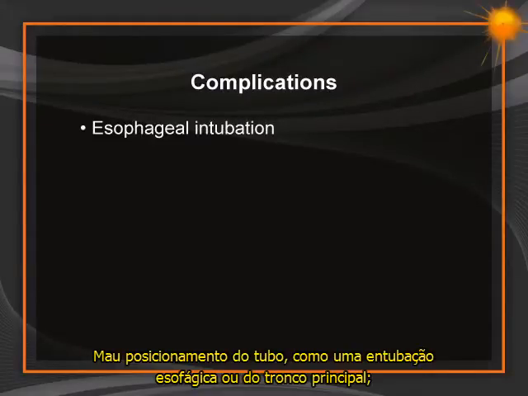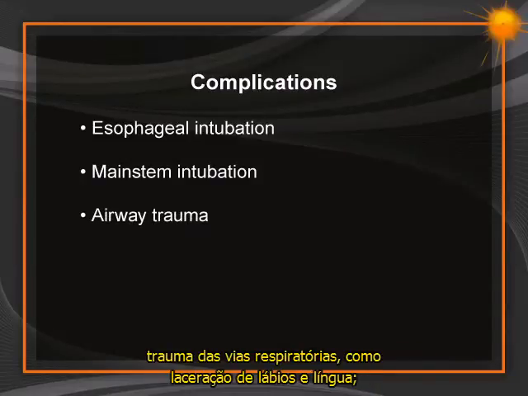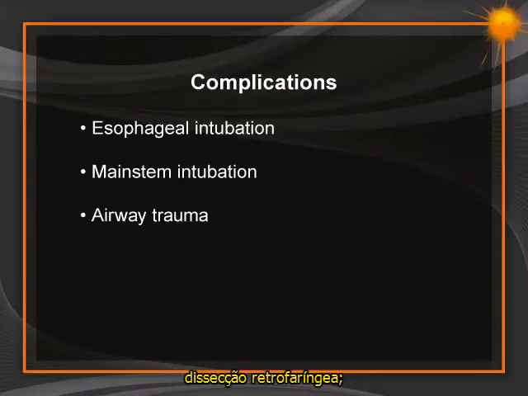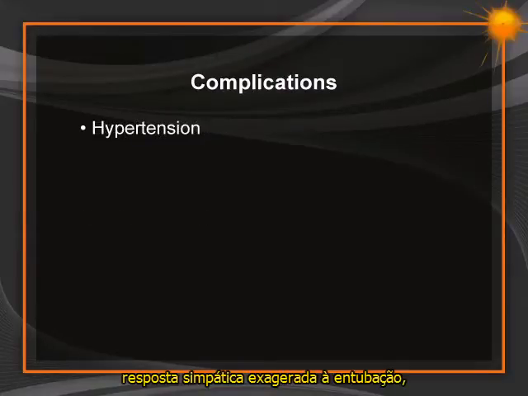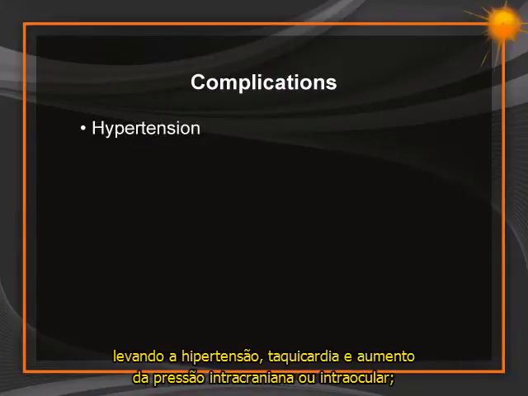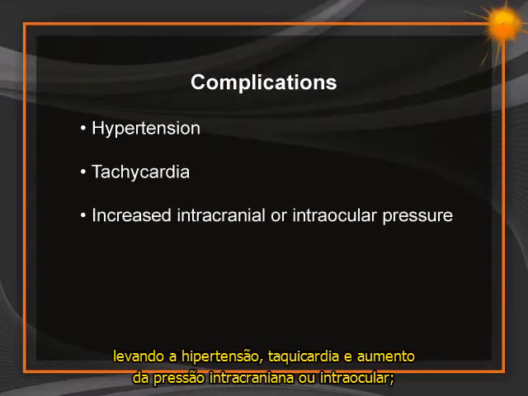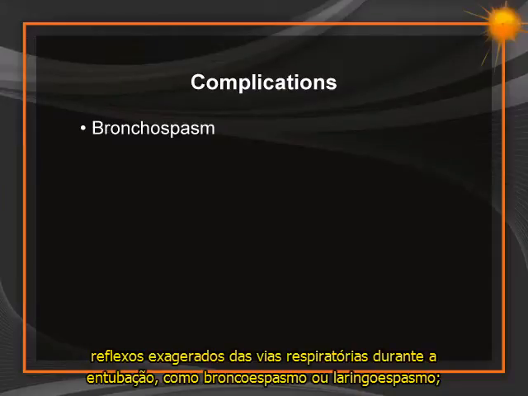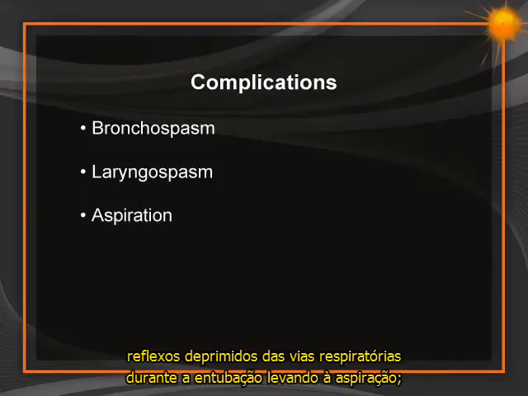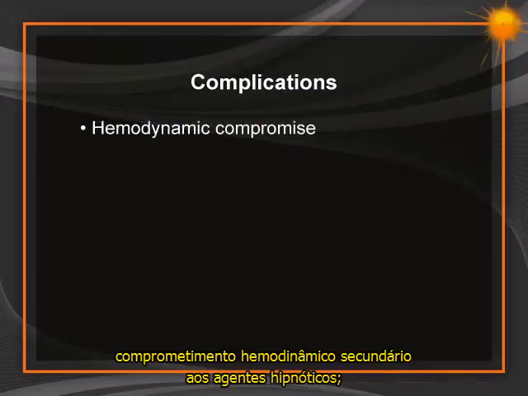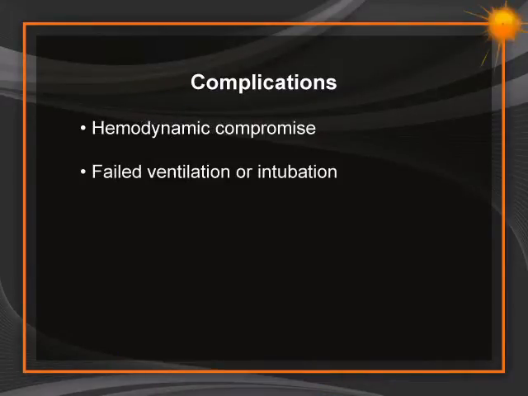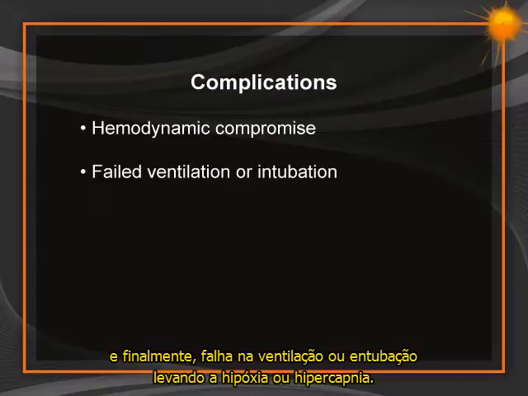These include malpositioning of the endotracheal tube, such as an esophageal or mainstem intubation, airway trauma, such as lip or tongue laceration, retropharyngeal dissection, chipped tooth, sore throat, airway edema, vocal cord paralysis, tracheal injury, or bronchial injury, exaggerated sympathetic response to intubation leading to hypertension, tachycardia, and increased intracranial or intraocular pressure, exaggerated airway reflexes during intubation, such as bronchospasm or laryngospasm, depressed airway reflexes during intubation leading to aspiration, hemodynamic compromise secondary to hypnotic agents, and finally, failed ventilation or intubation leading to hypoxia or hypercarbia.